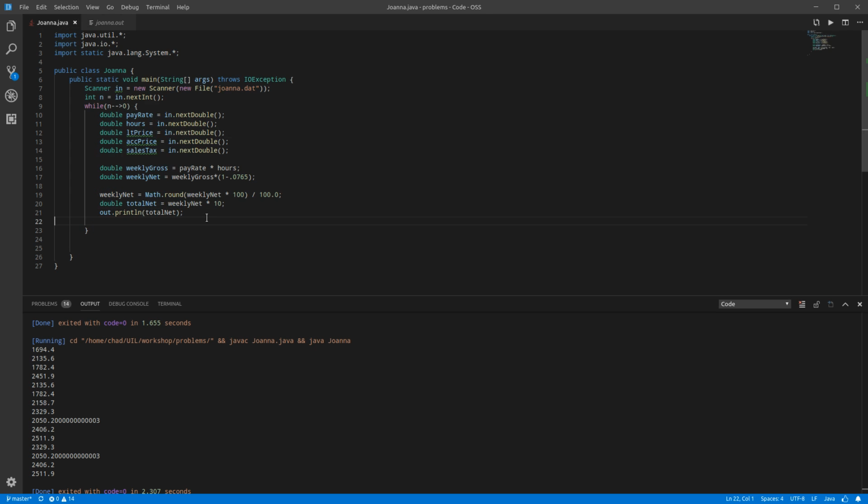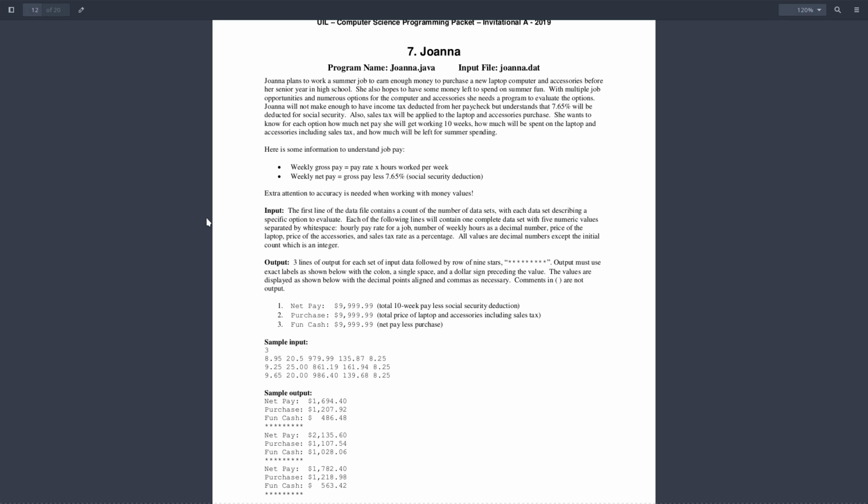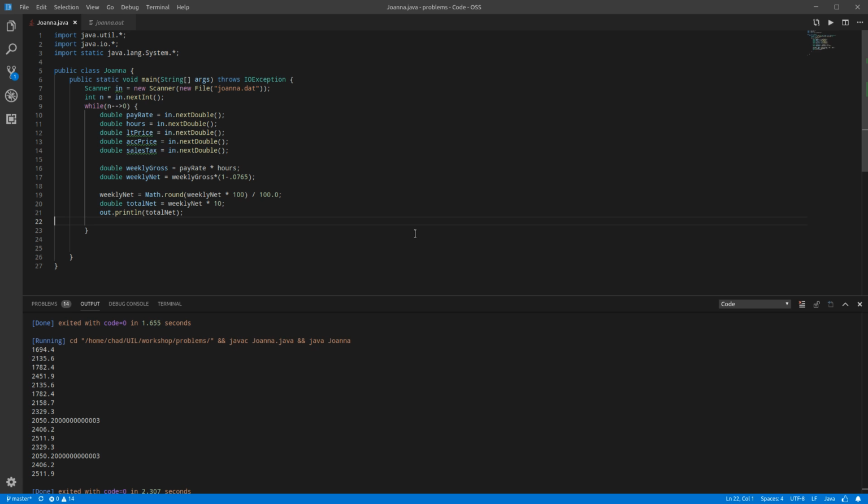So the purchase price, let's see, we have the cost of the laptop. Okay, so the price of the laptop, price of the accessories, and sales tax. So we're going to want to add the laptop price and the accessory price.